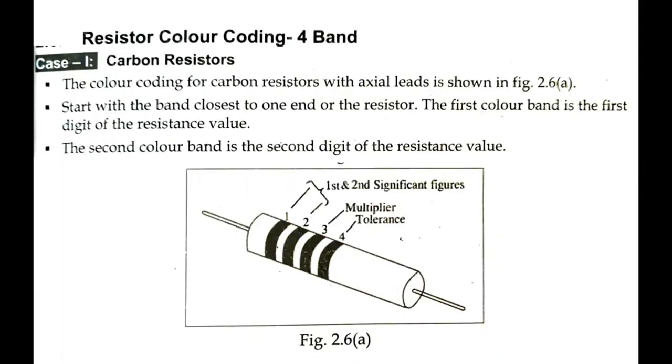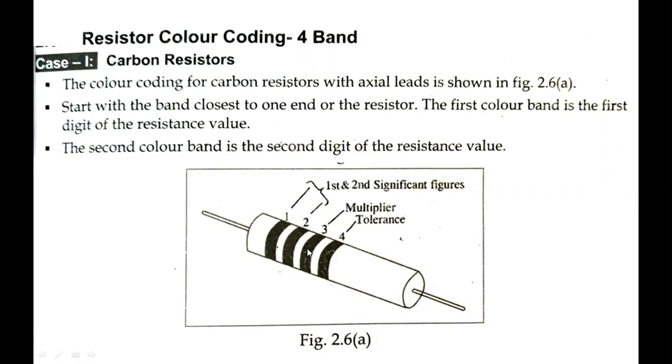4-band color coding. So first let us consider carbon resistors. The color coding for carbon resistors with axial lead is shown in the figure. Here you can see. Start with the band closest to one end of the resistor. The first color band is the first digit of the resistance value, and the second color band is the second digit of the resistance value.